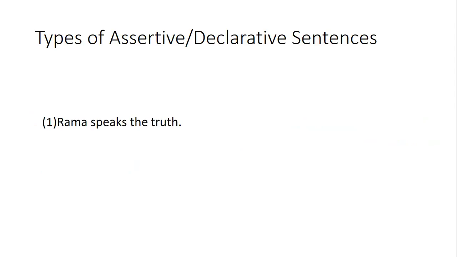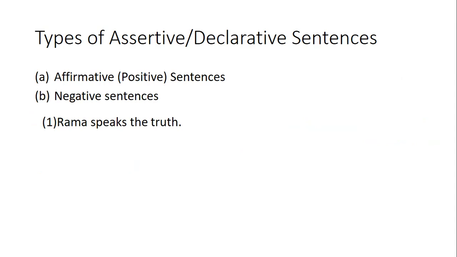For example, Rama speaks the truth. Now, declarative sentences are also divided into two parts. Affirmative, that is positive sentences. Positive is called affirmative. The another name of positive sentence is affirmative sentence.